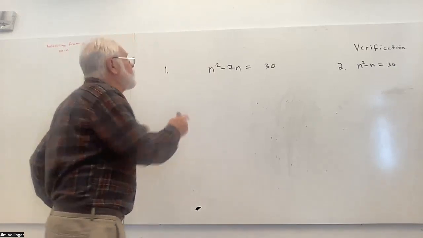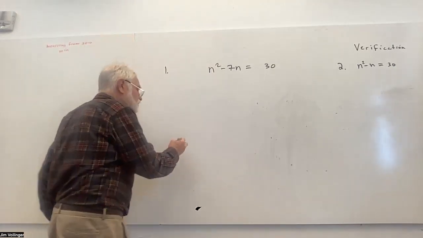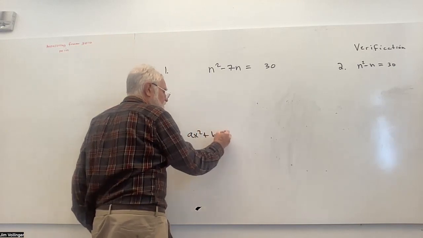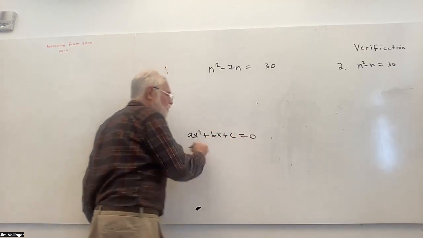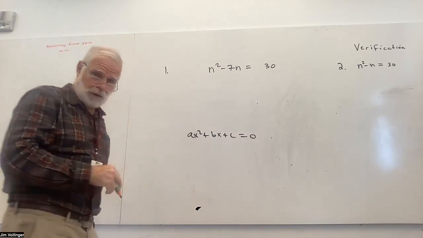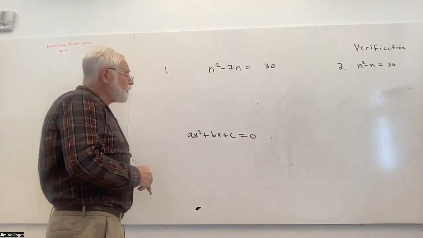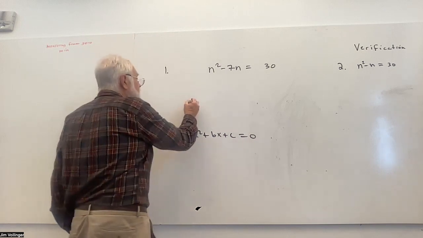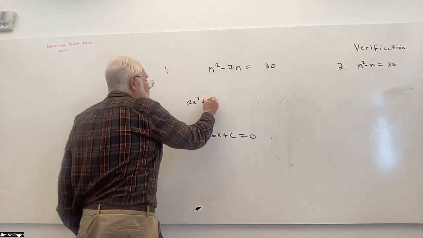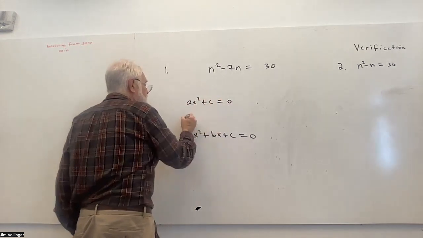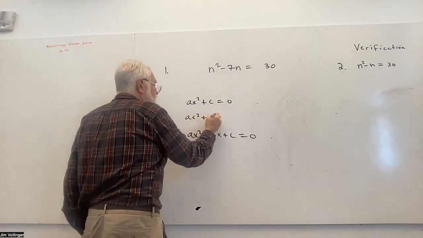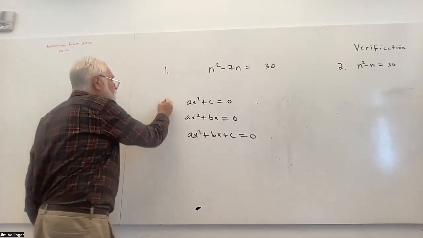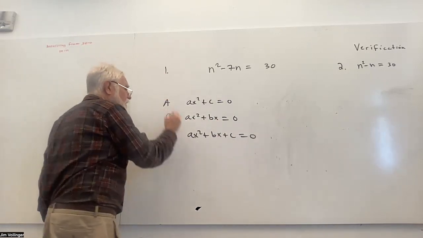All right, so quadratics, I will make one quick comment here. Ax squared plus bx plus c equals 0. Generally, you want to set quadratics equal to 0. There are 3 types. There's the ax squared plus c type equaling 0. There's the ax squared plus bx equals 0. So those are the 3 types of quadratics. Why don't we call them A, B, and C?